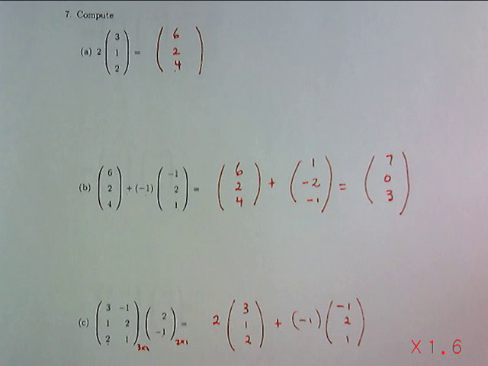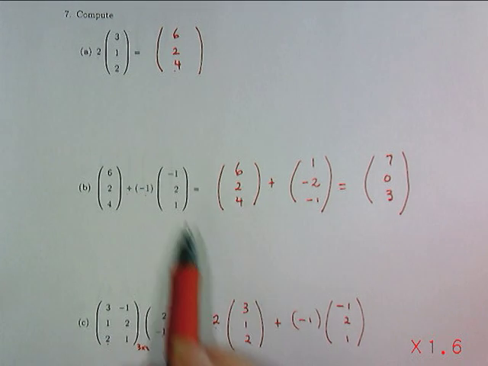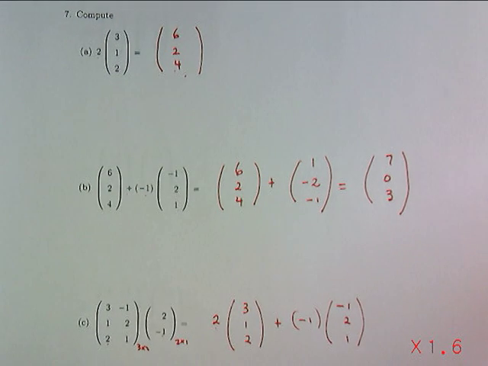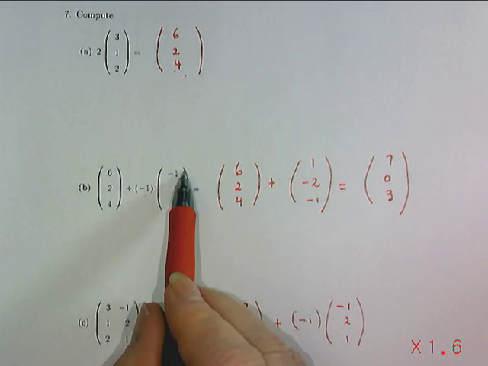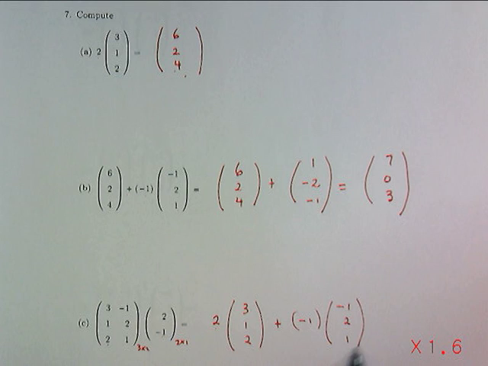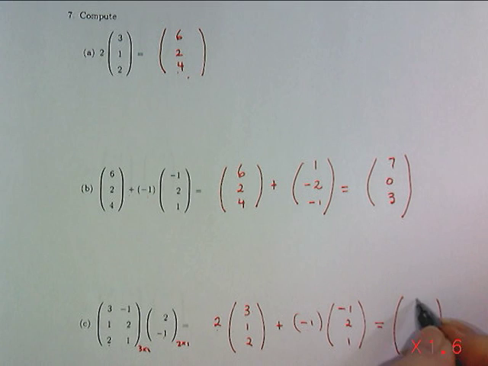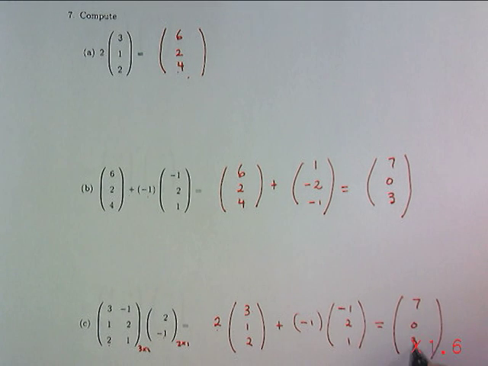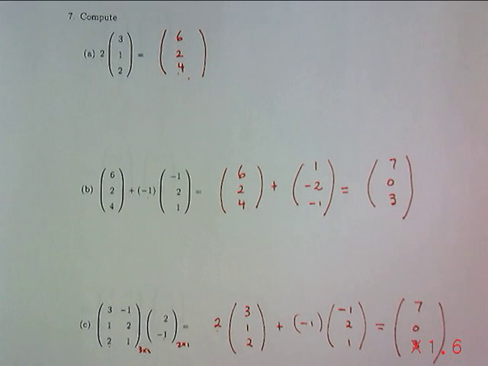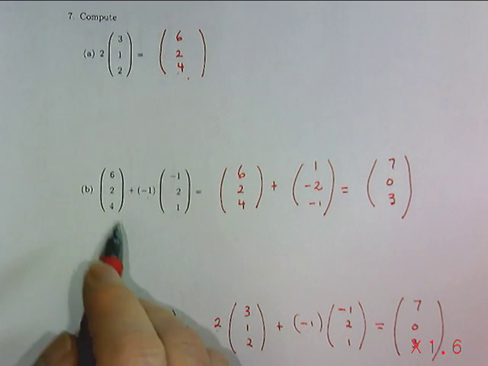Remember, I make a lot of computation errors, and I noticed I already calculated 2 times 3, 1, 2 earlier in the problem. And I think I've calculated the negative 1 times negative 1, 2, 1 properly. So this should give me the same result as part B did, 7, 0, 3. Make use of what we already know.